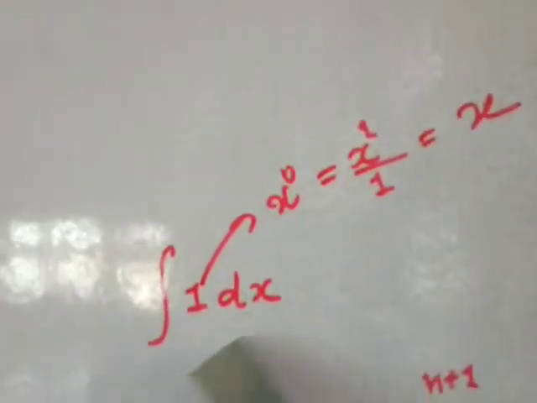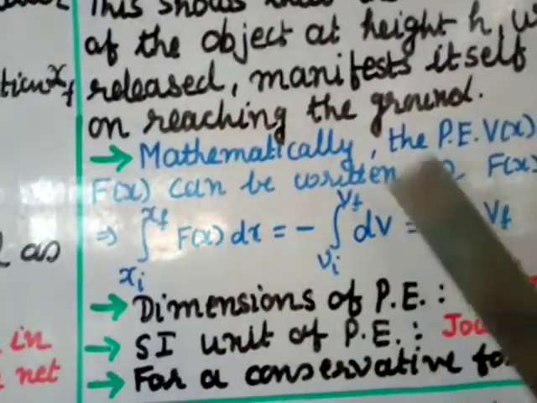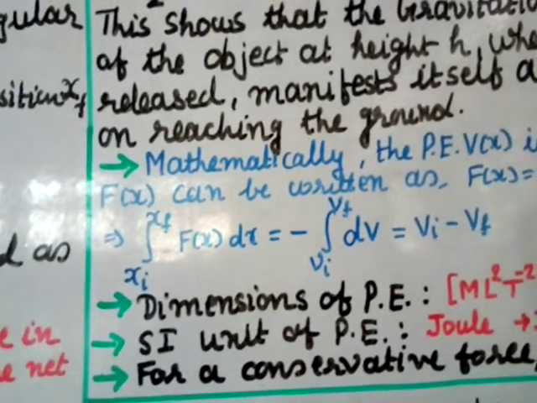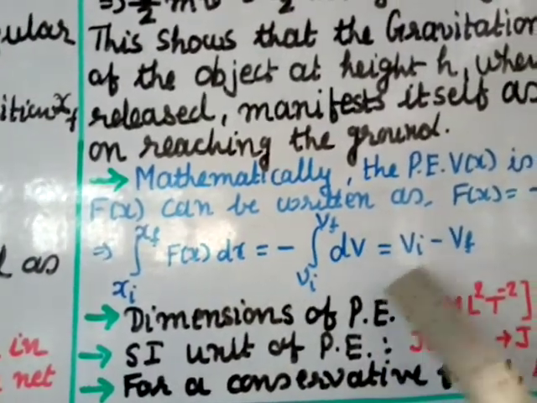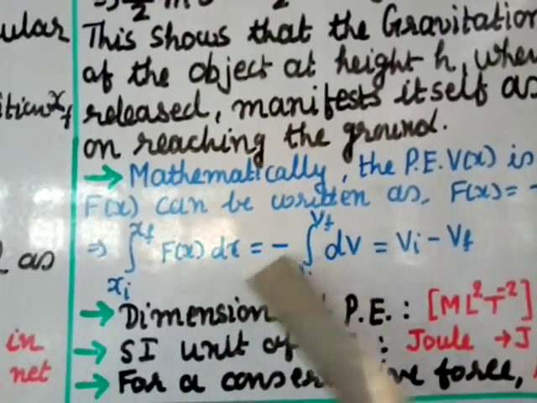The integral of 1 dx is x, similarly the integral of 1 dV is V. But you have to apply the upper limit minus the lower limit, so Vf minus Vi, but there is a negative here, so I have interchanged them to get Vi minus Vf.